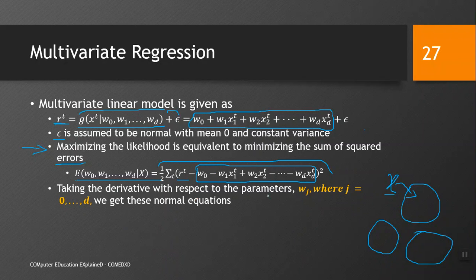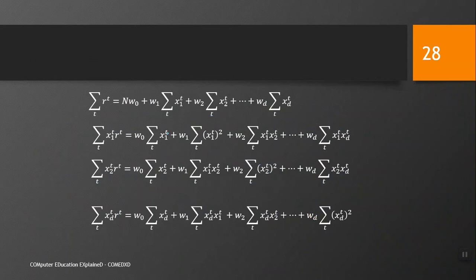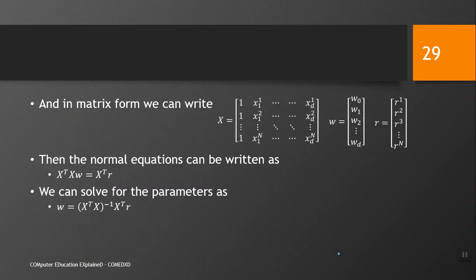Taking the derivative with respect to the parameters Wj, where j is equal to 0 to d, because we have d-dimensional data, we get these normal equations. Which equations? These. So, this is equation 1, equation 2, equation 3, and up to d equations, because we have differentiated with respect to W1, W2 up to Wd. In matrix form we can write them like this.